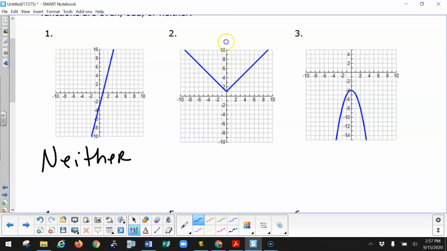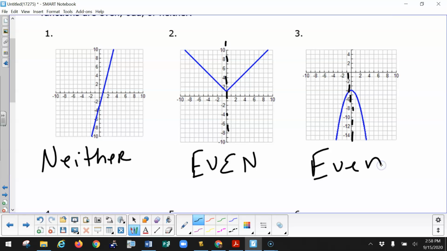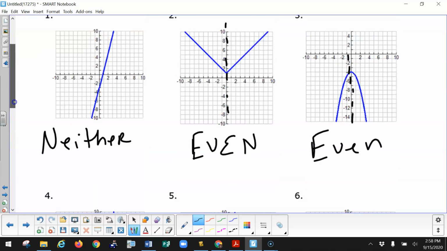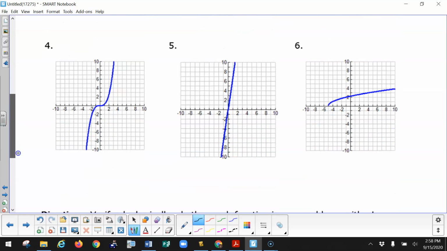So this line, the y-axis, is my line of symmetry. So this is even because it's symmetric about the y-axis. Same thing with this one. My line of symmetry is right down through here. So this is also even. I'm sorry, the line of symmetry is the y-axis.